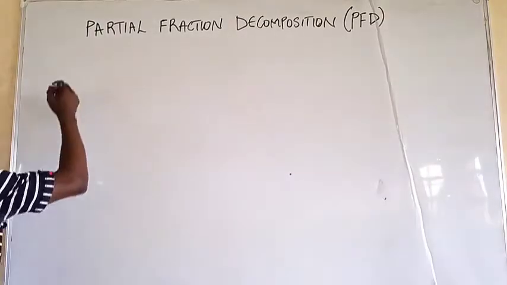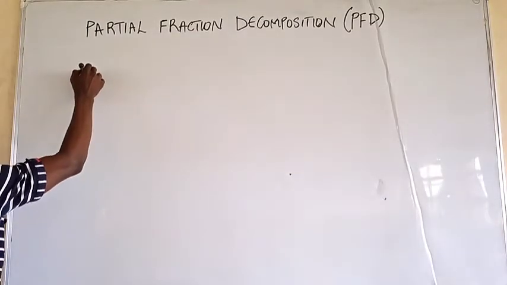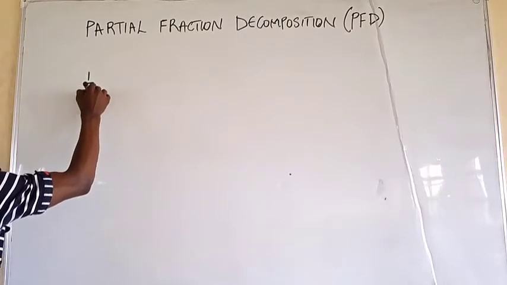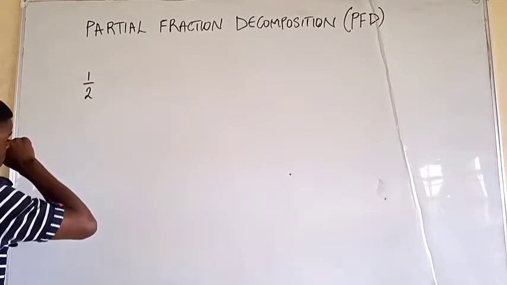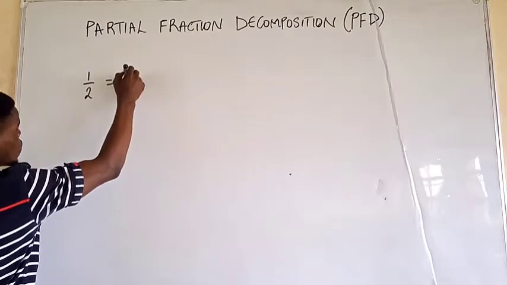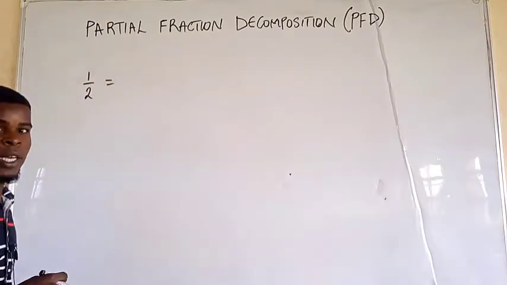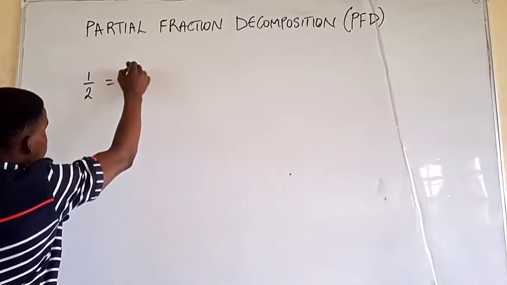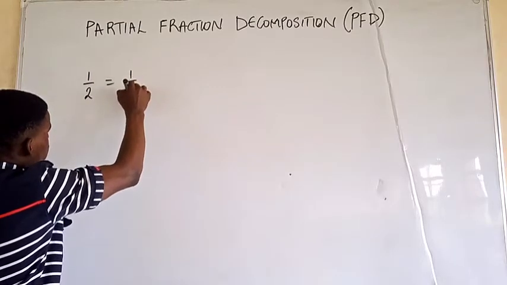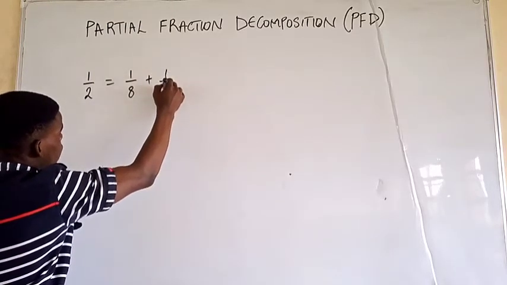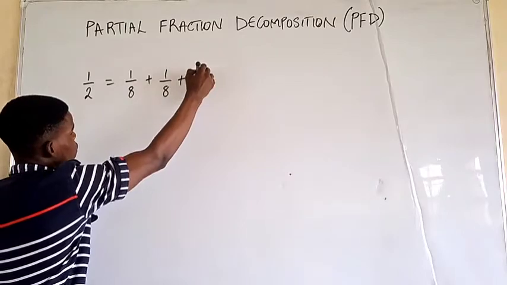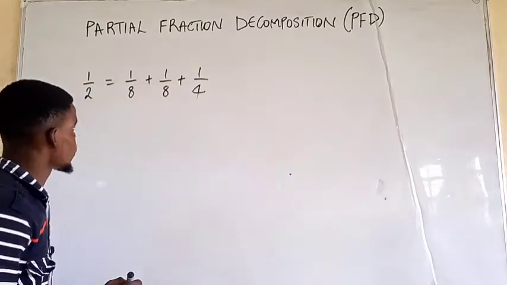That is to say, when we have, for example, 1/2, we can write this in different ways. We can decide to put it down as, let's say, 1/8 plus 1/8 plus 1/4.